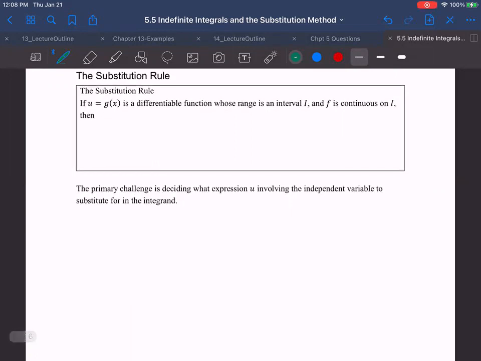So if u equals g of x, so u is ultimately a function of x, is a differentiable function whose range is in the interval I, and f is continuous on I, then if we have a function f of g of x times g prime of x dx, then we can actually get this as the integral of a function of u du. All right, and this will make hopefully a lot more sense to you once we start doing it.